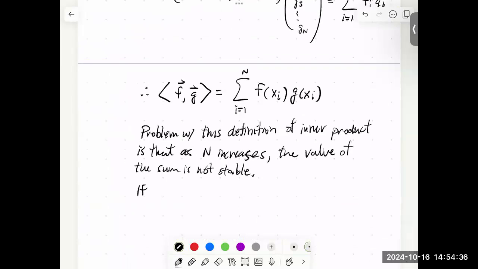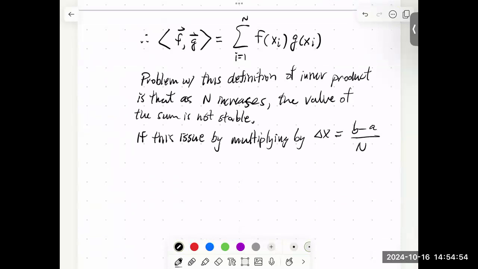So we fix this issue by multiplying by delta x, which is (b minus a) over n, but I'm just going to write it as delta x. And so we would say this doesn't quite work, and we'll redefine our inner product in this way. Whoops, this is g.